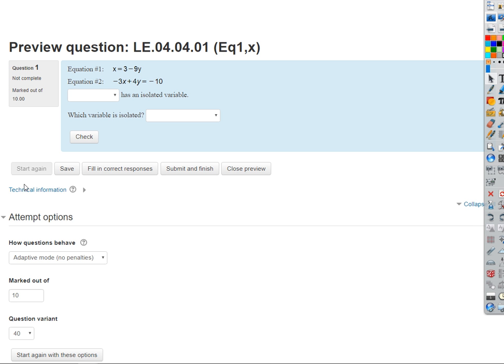So which of those equations has an isolated variable? Okay, look at that example up there for a second, please. Which of those equations has an isolated variable? Top one. So equation 1, what is the isolated variable? X, right? Make sense?